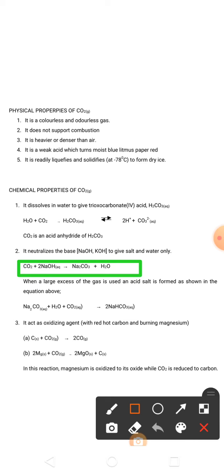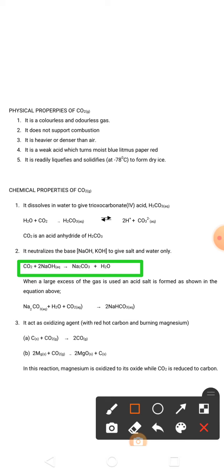That reaction is called a neutralization reaction. The CO2 is acting as an acid, NaOH is the base, and it gives the salt Na2CO3 and water, H2O.